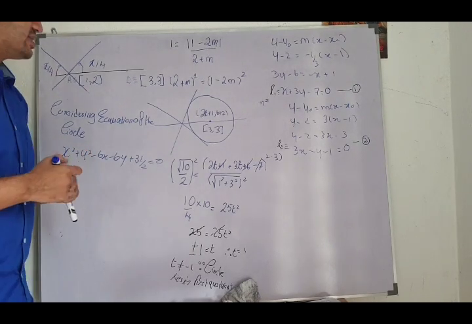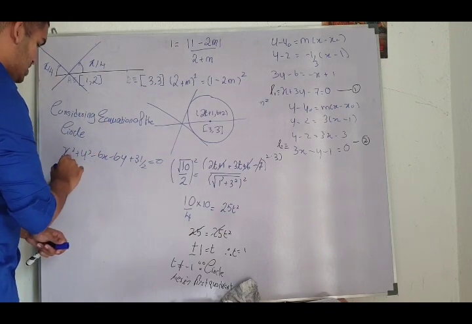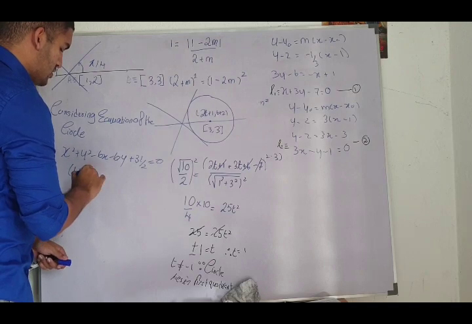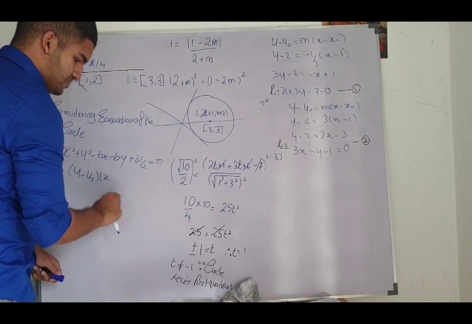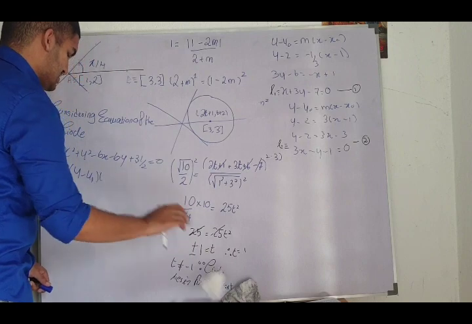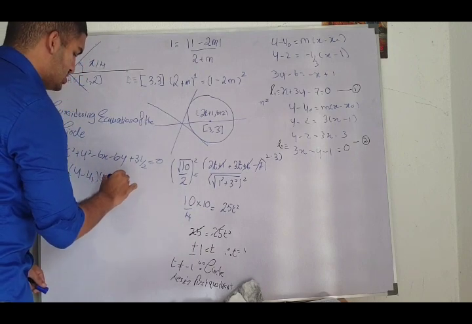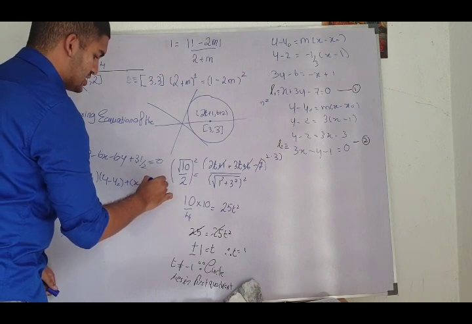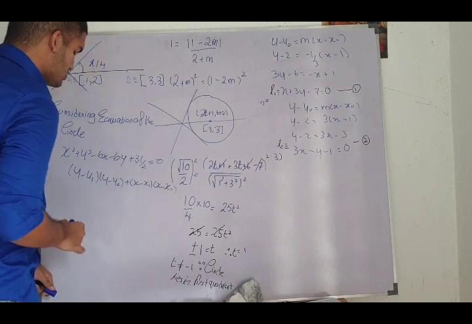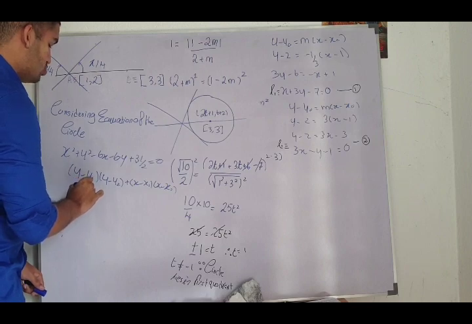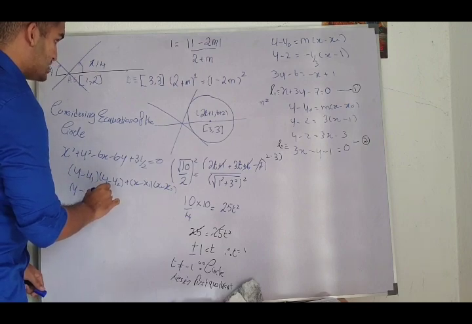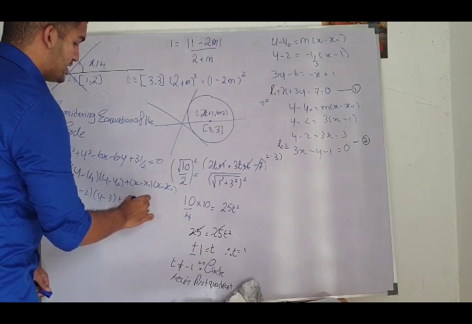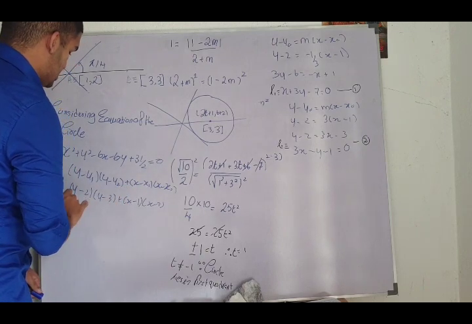So therefore that one you obtain like this. y minus y naught is going to be 1, y minus y2 is going to be plus x minus x1 and x minus x2. So y minus 2 and y minus 3 plus x minus 1 and x minus 3.